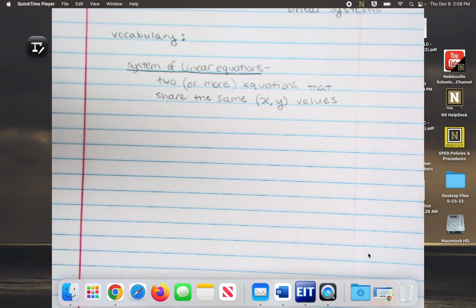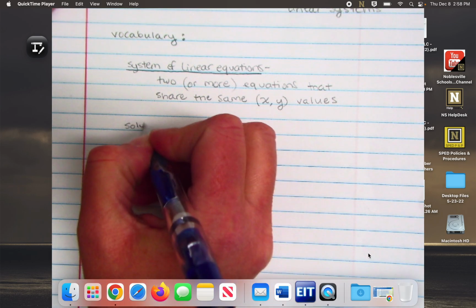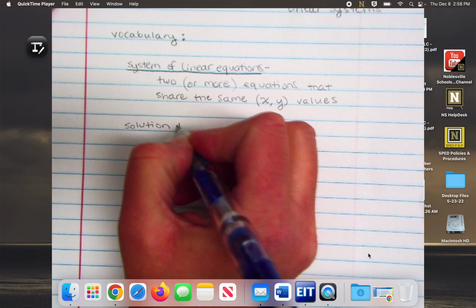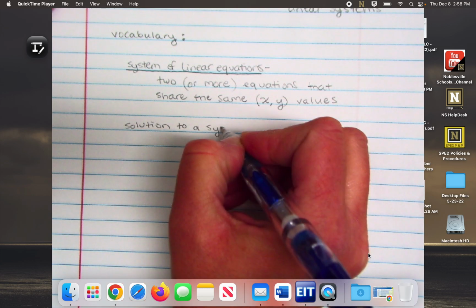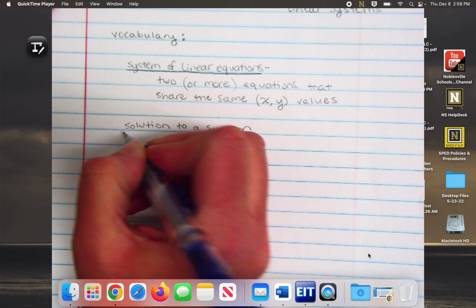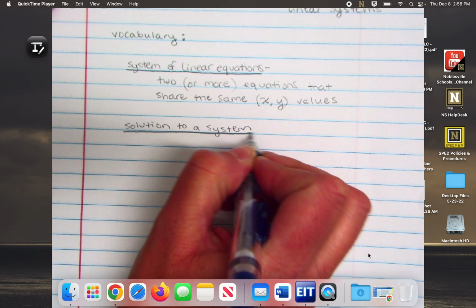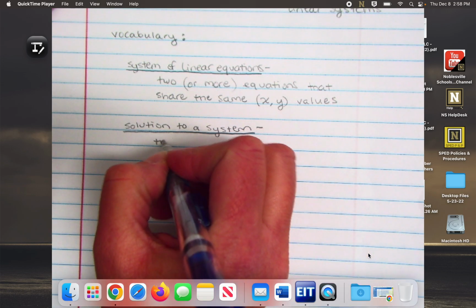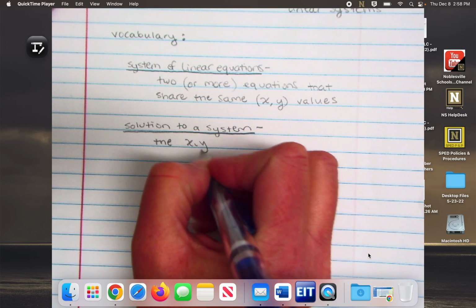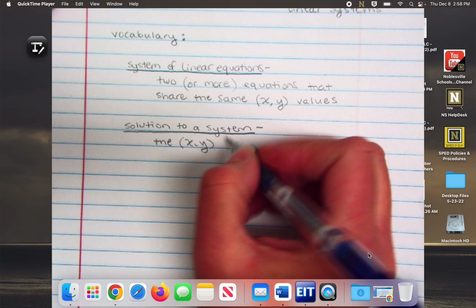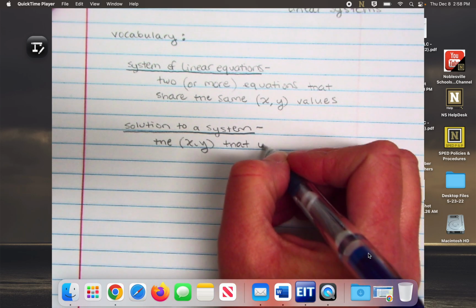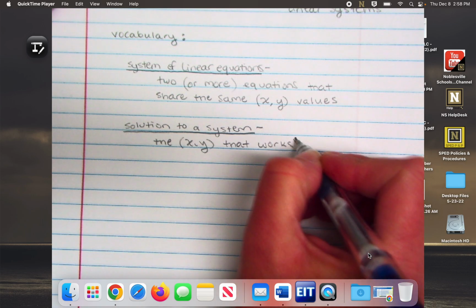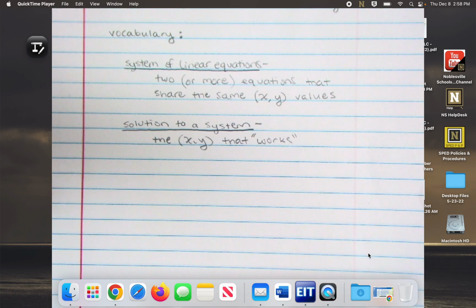So a solution to a system is the x, y order that works. And I'm going to put the word works in air quotes because that means that it works for both equations. It means that if I put this in here, yes, the left will equal the right.